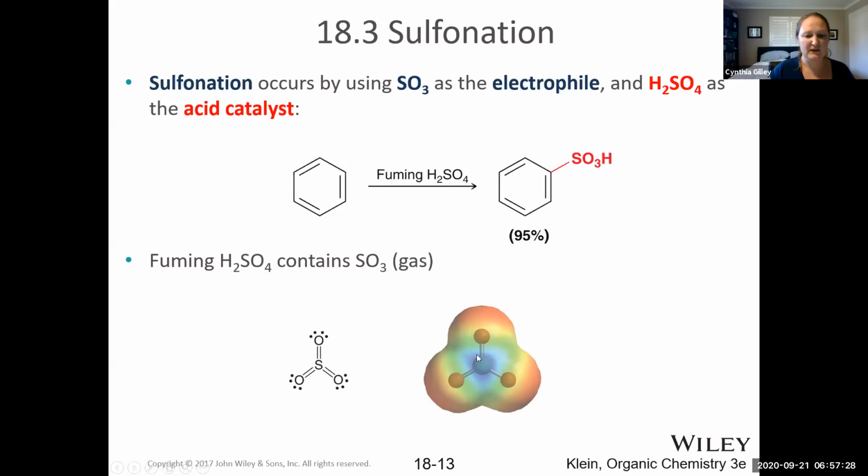So sulfur itself is highly electrophilic, which makes it a great electrophile to react with an aromatic compound. Because remember, the pi bond in an aromatic ring is a very poor nucleophile, and it's a poor nucleophile because it's stable. So when that happens, you need to react it with something very, very electrophilic to get a fast reaction.